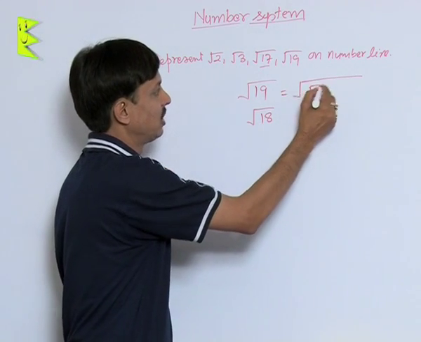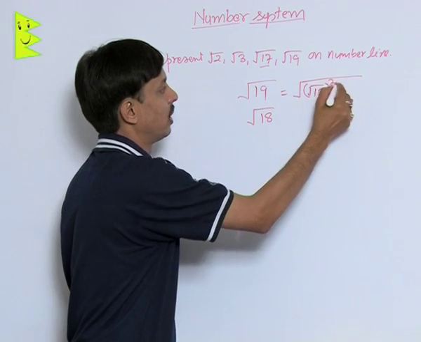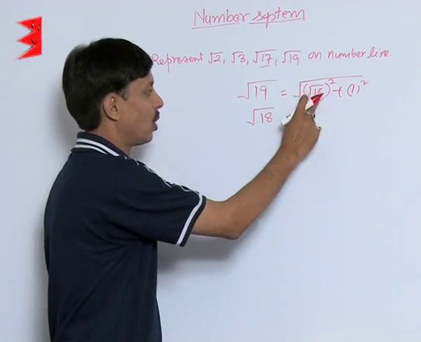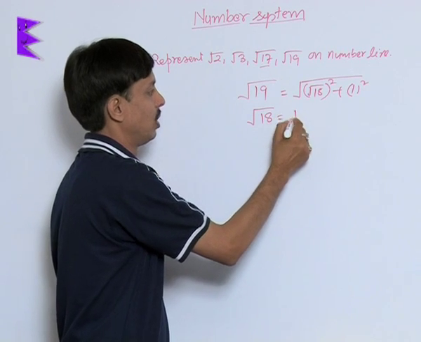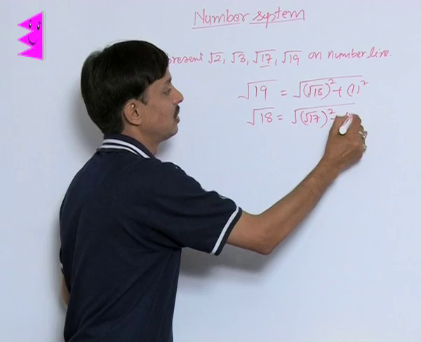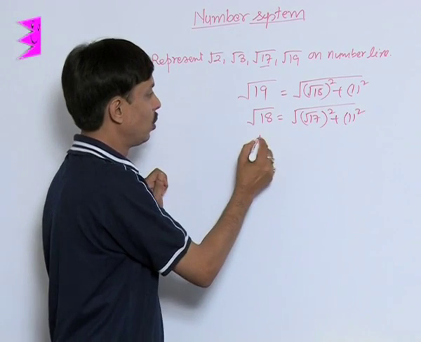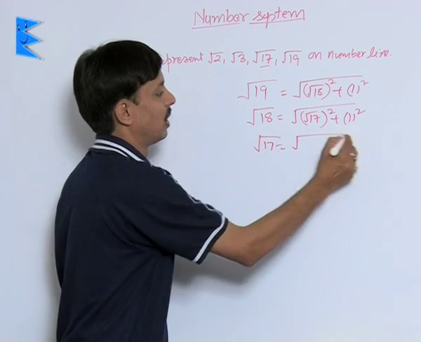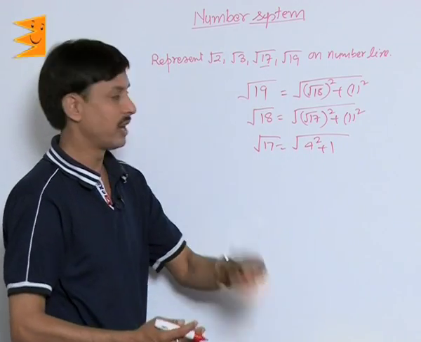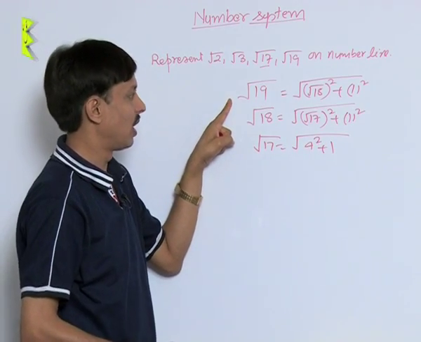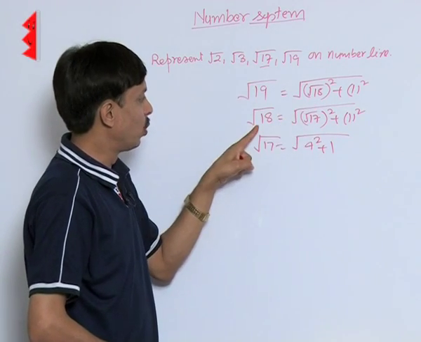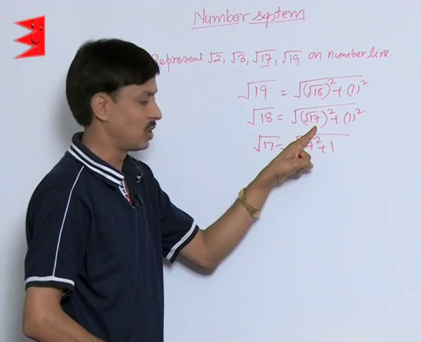It can be written as root 18 square plus 1 square. Now root 18 can be written as root of 17 square plus 1 square. But root of 17 can be written as 4 square plus 1 square. So in order to express root 19 on the number line, we must know how to represent root 18. To represent root 18, we must know how to represent root 17.